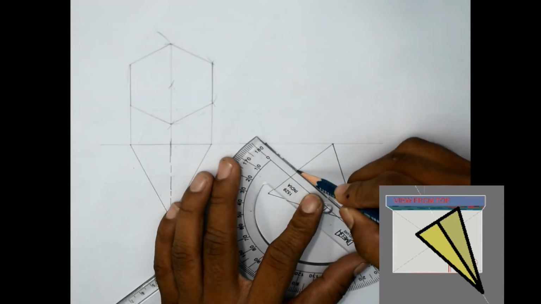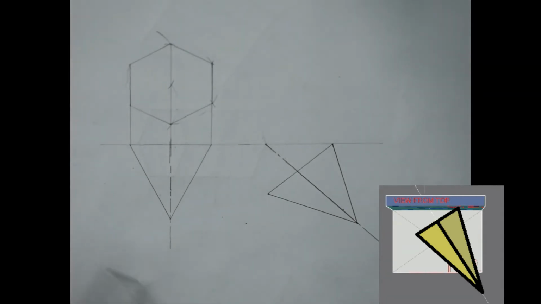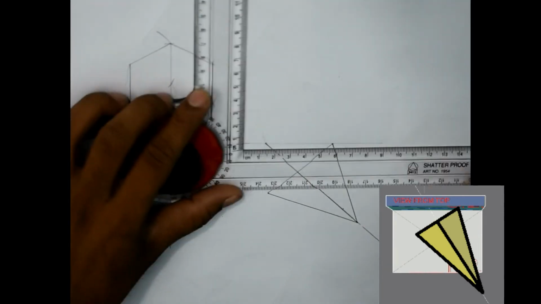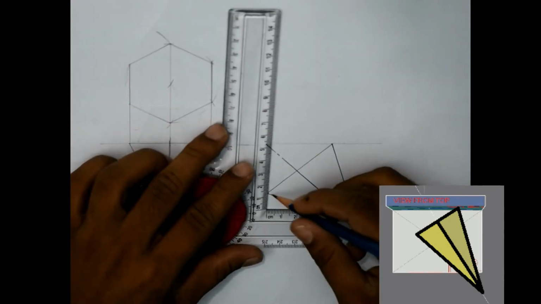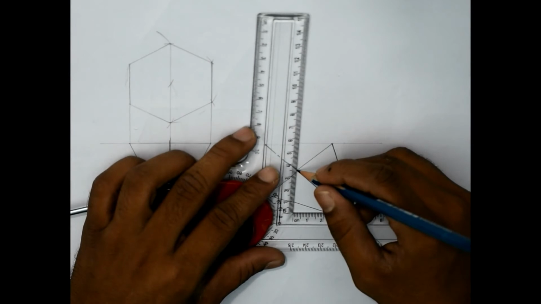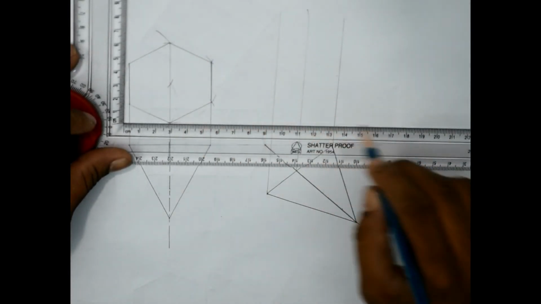And I'm just darkening this line because this is also one of the edges. Now with the 2H pencil, I will project these lines to get the front view. From here also.